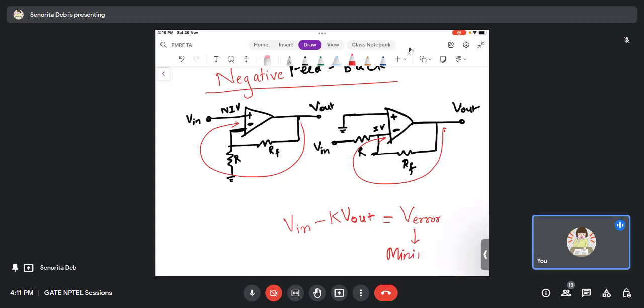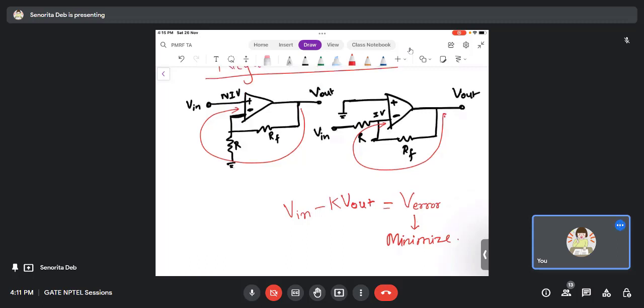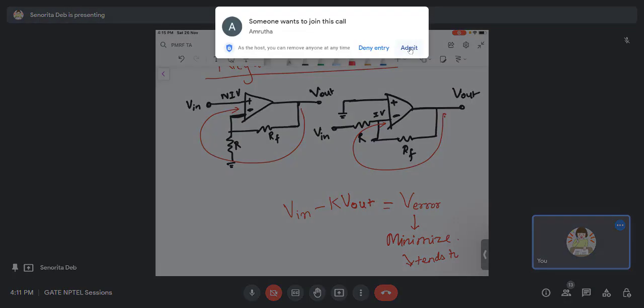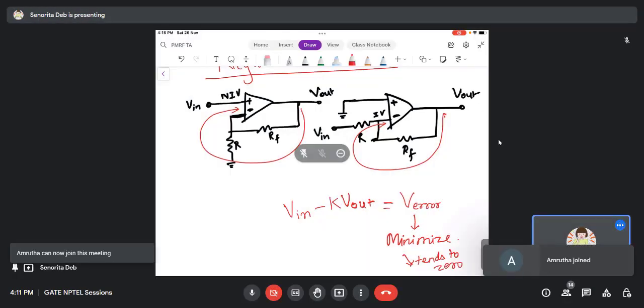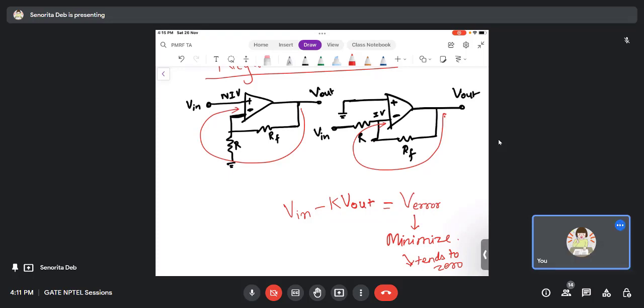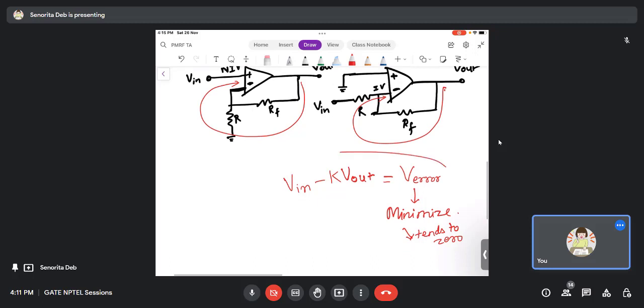So the work of negative feedback is minimizing this error so that ultimately this error tends to zero. The basic concept is that we get a V error and we try to minimize it. This is what happens in negative feedback.